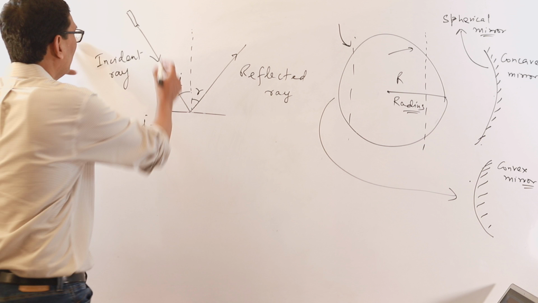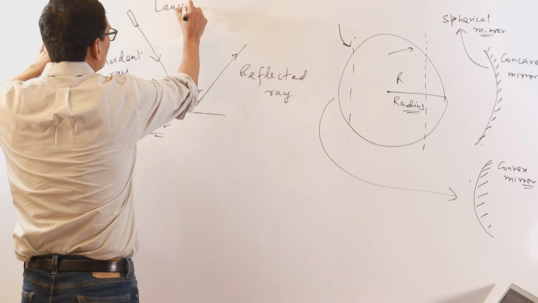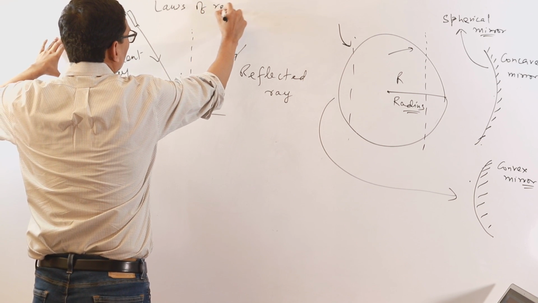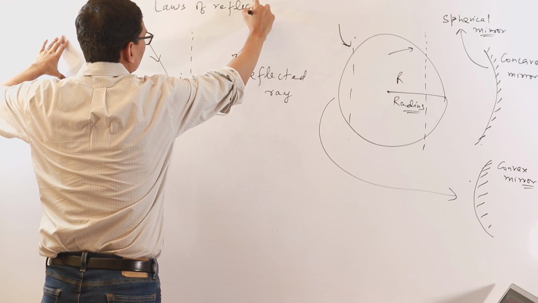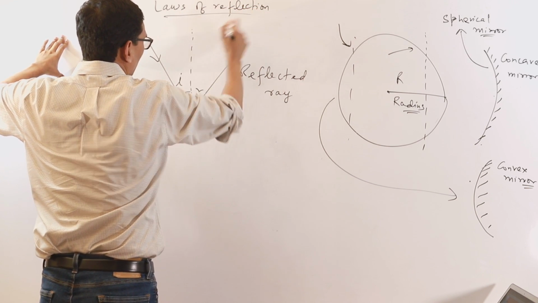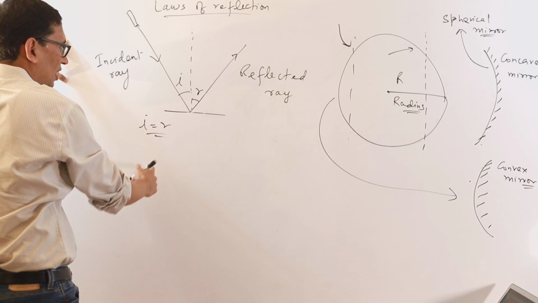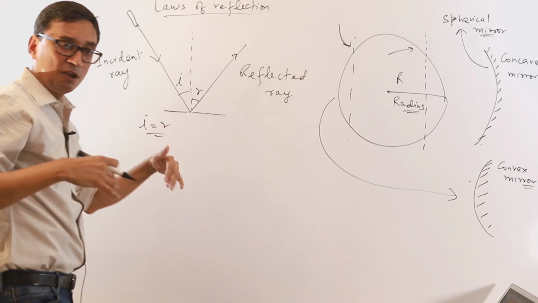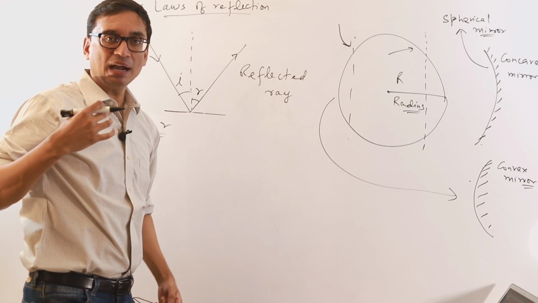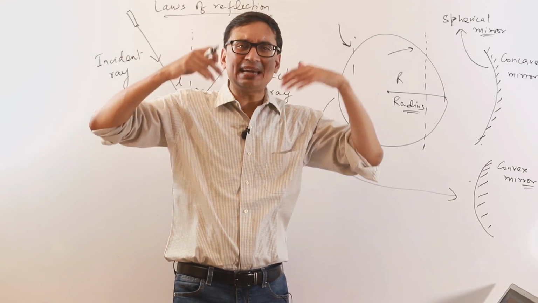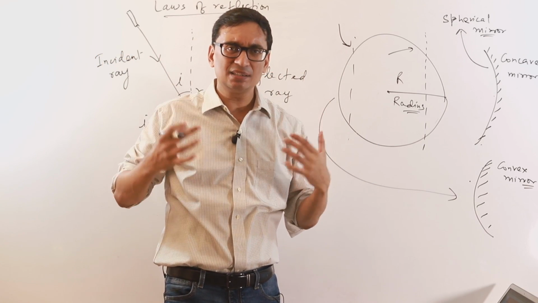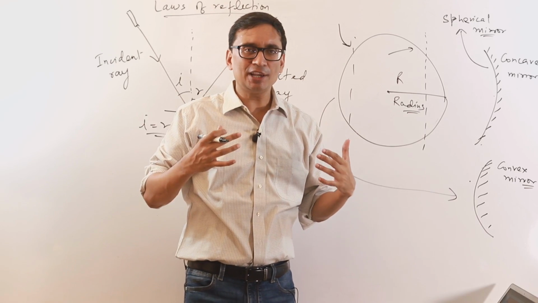Okay, laws of reflection. I have given you the two laws, i equals r, and all these three are in the same plane. By the way, I don't want you to write everything word by word, because that makes you feel like you have to copy everything.